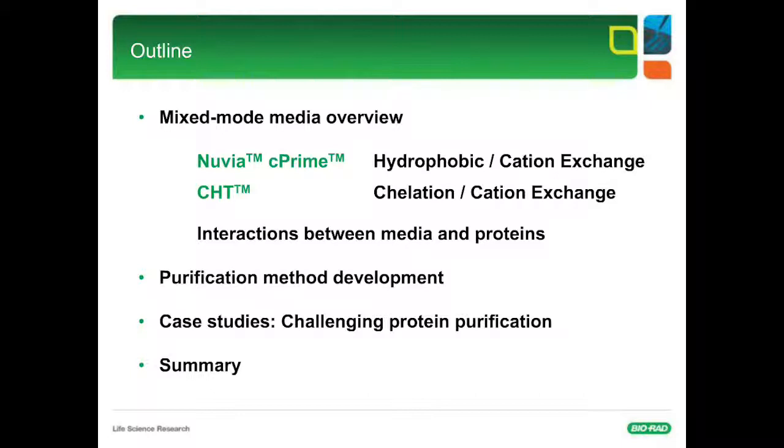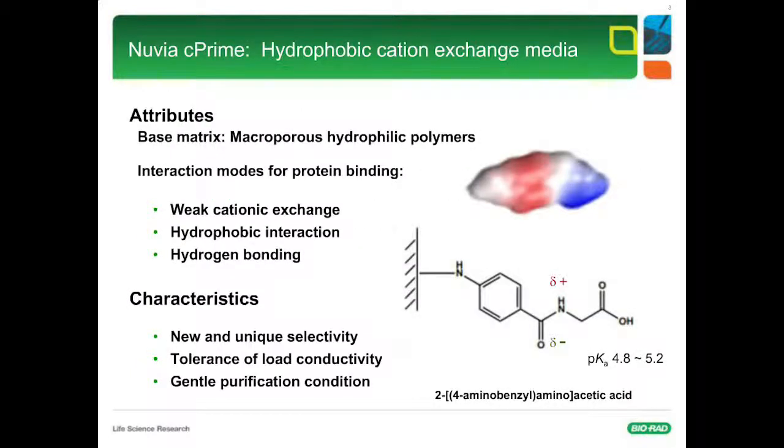So here you see the chemical structure of the ligand on Nuvia C Prime, a hydrophobic cation exchange media. On the ligand, there is a carboxylate with a pKa at around 5, and on the other side of the ligand, you see there is a benzene ring, and sandwiched in between there is an amide bond.